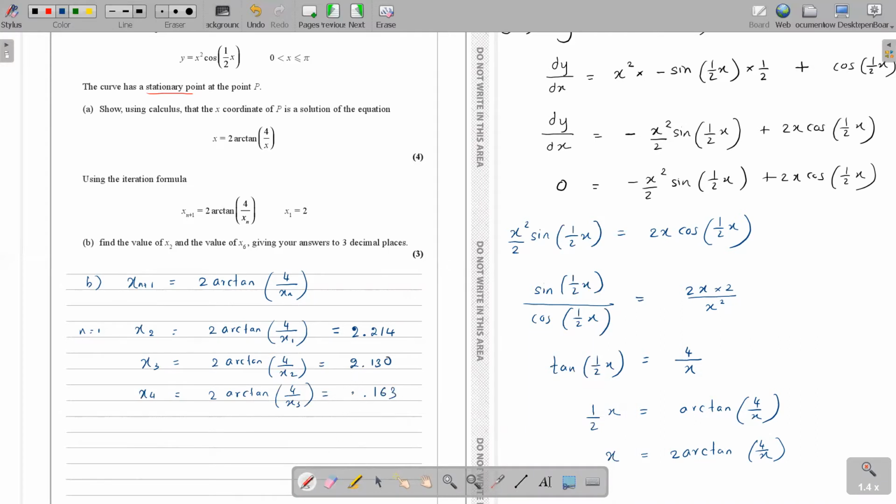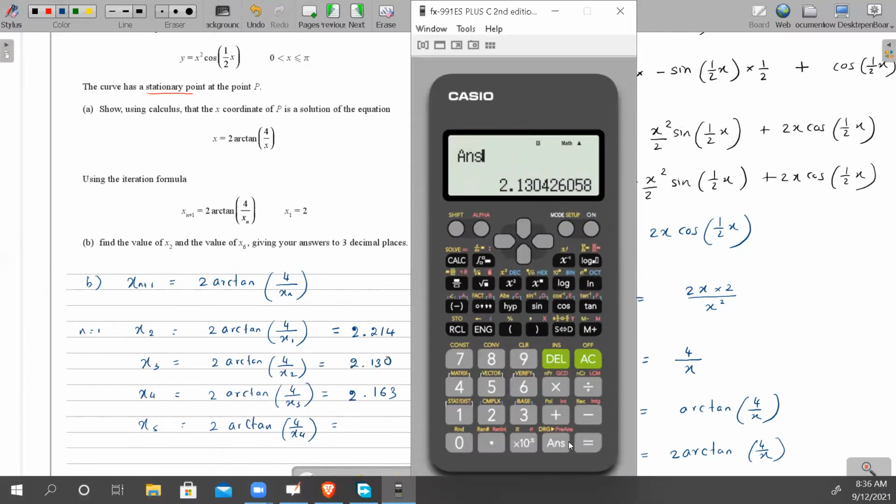Then moving on, x5 is 2 arctan 4 over x4. Again you give calculate, give x as the answer, and you get 2.150.